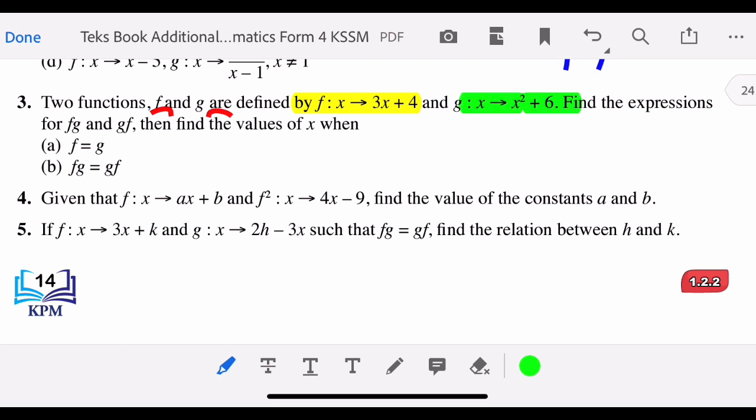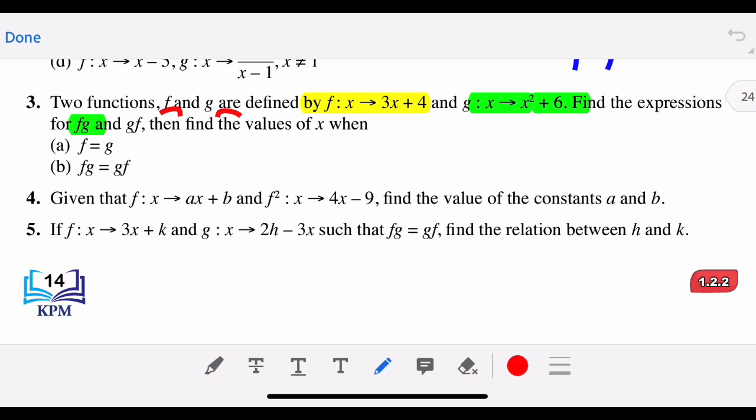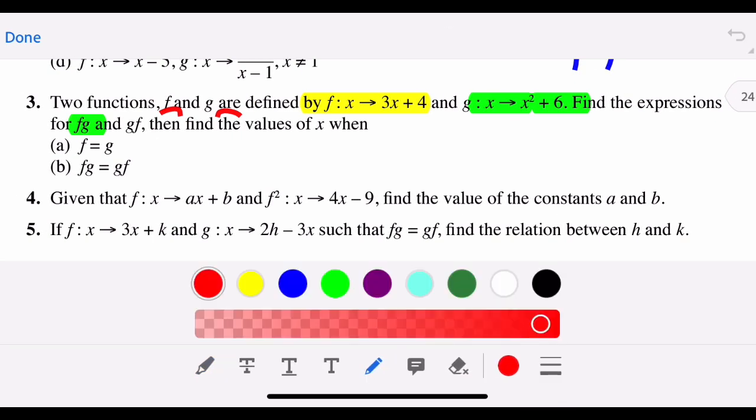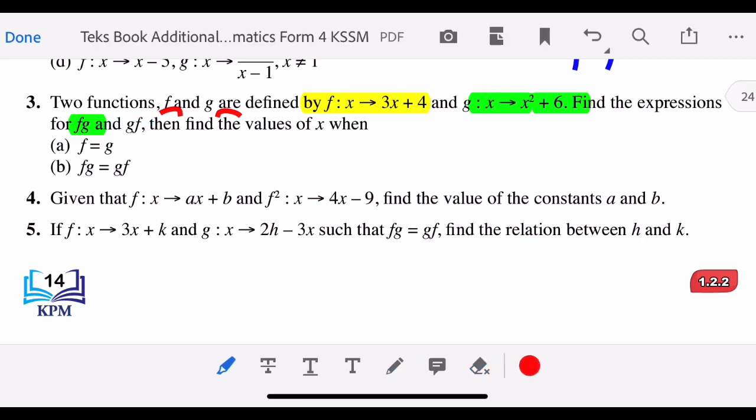Find the expression for fg and gf. Fg, and another one is gf.